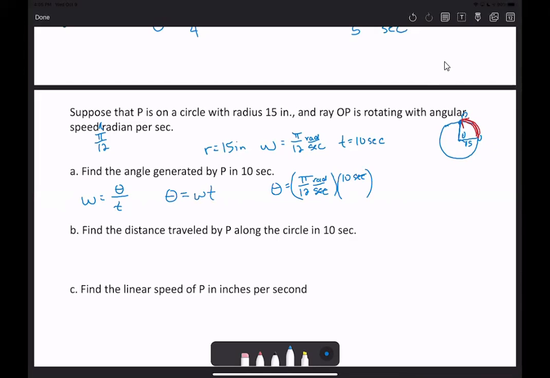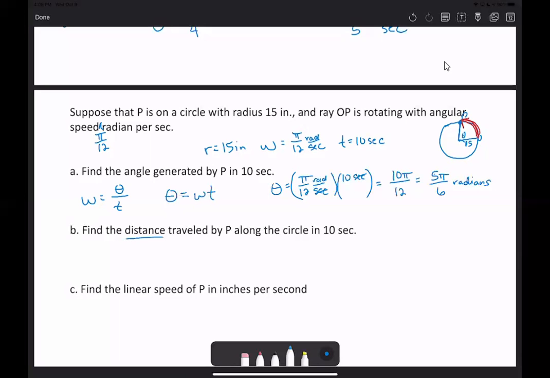Seconds cancel. That gives us 10 pi over 12, and we can reduce 10 over 12 to 5 over 6. So that's 5 pi over 6 radians. So theta is 5 pi over 6 radians every 10 seconds.